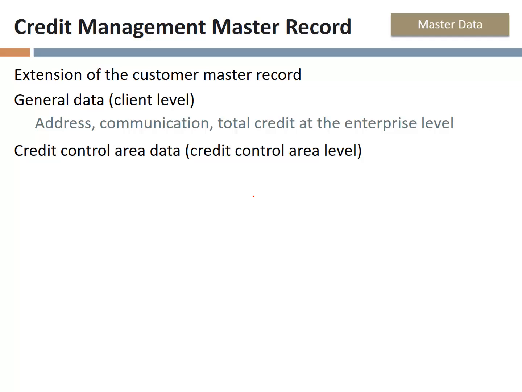Then we have what's called the credit control area data, which is at the credit control area level, which allows us to set a credit limit for a given credit control area.